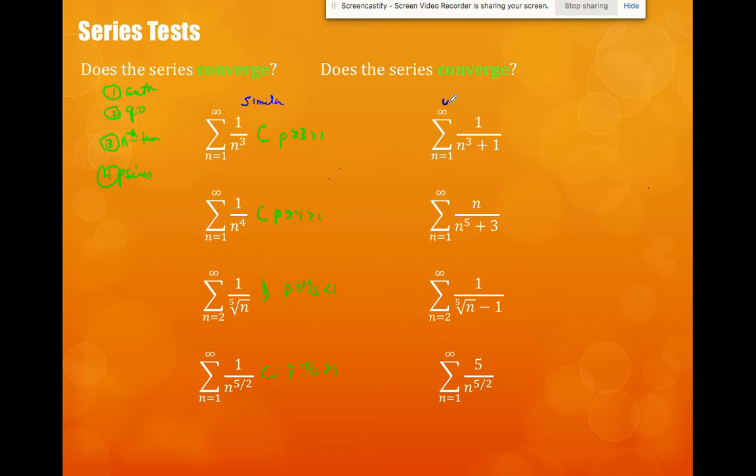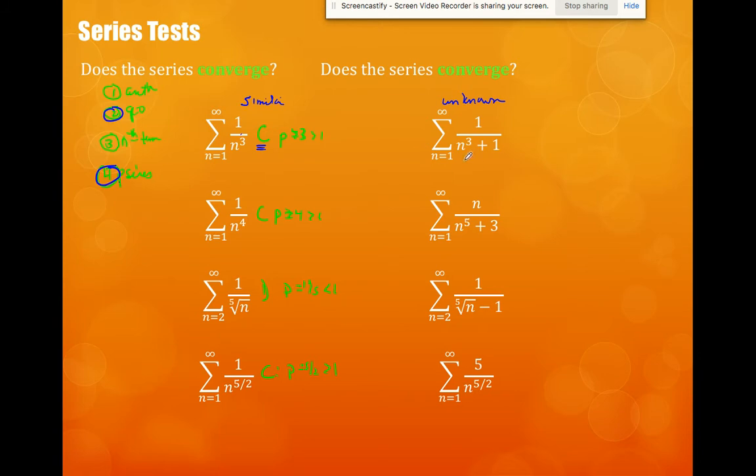My unknown series is similar to this famous p-series that I already know converges. So this is a test to use when your series looks really close to a famous p-series or geometric series.